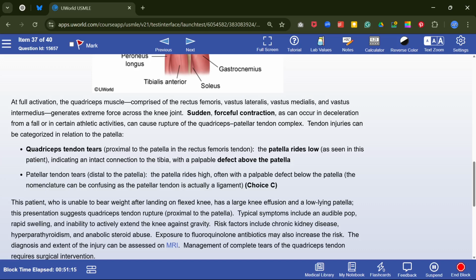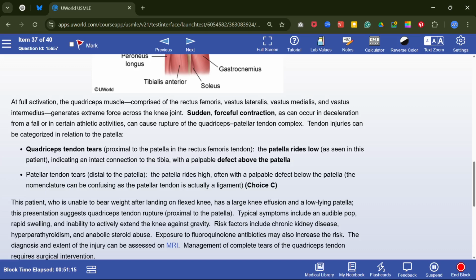Tendon injury can be categorized in relation to the patella. Quadriceps tendon tear is proximal to the patella, with the patella riding low, as seen in this patient, indicating loss of continuity to the tibia with a palpable defect above the patella.